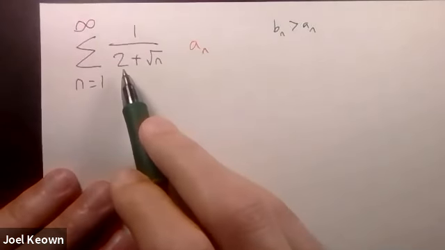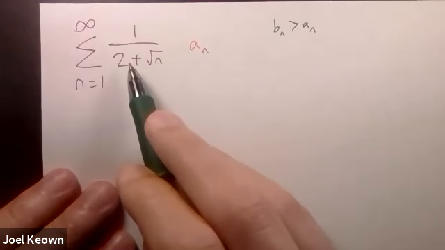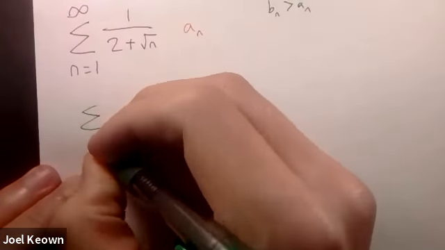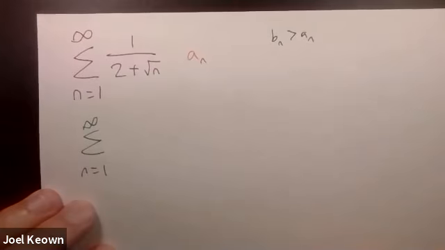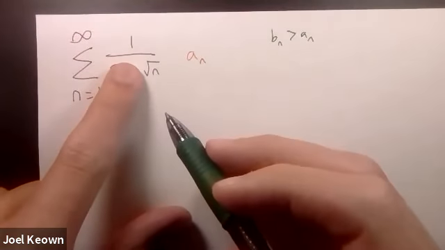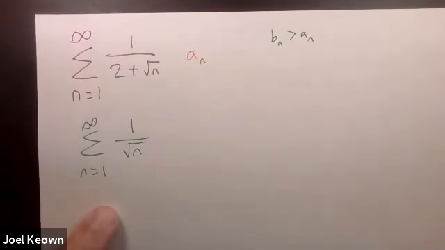Well, I'm just going to say, the smaller the denominator is, the bigger the overall fraction is. So a b sub n could be, if I took away that 2 plus right there, and I made it just 1 over square root of n.